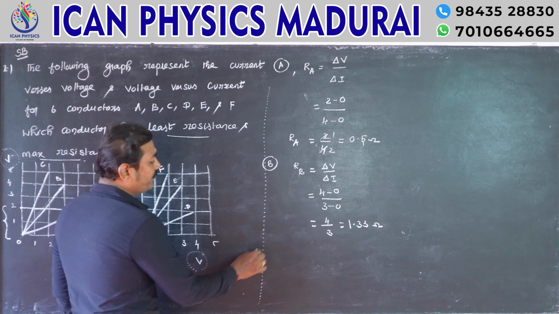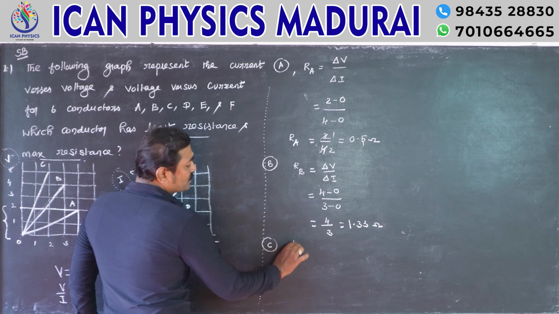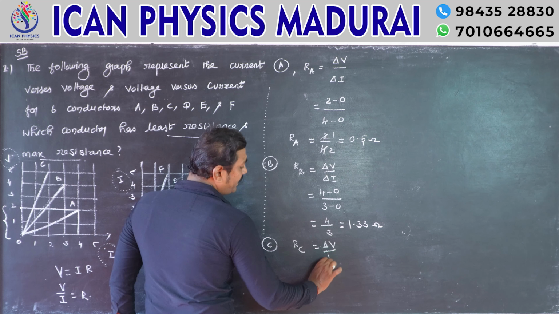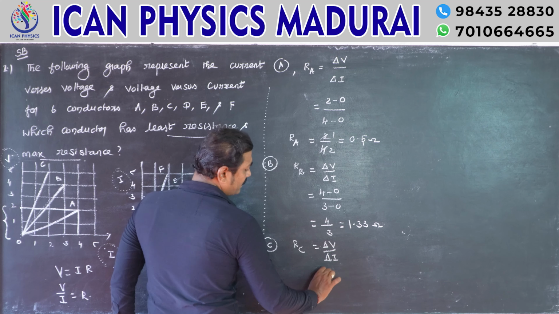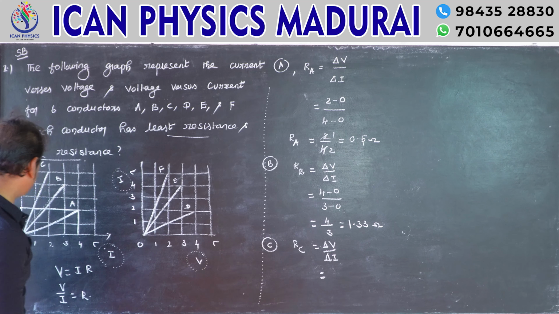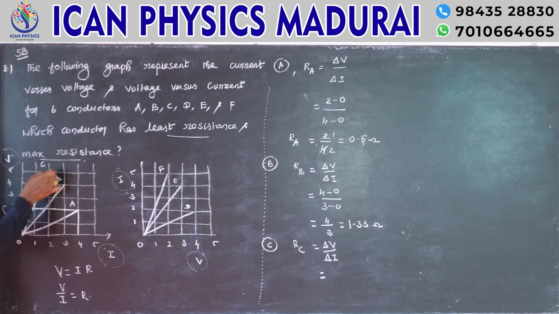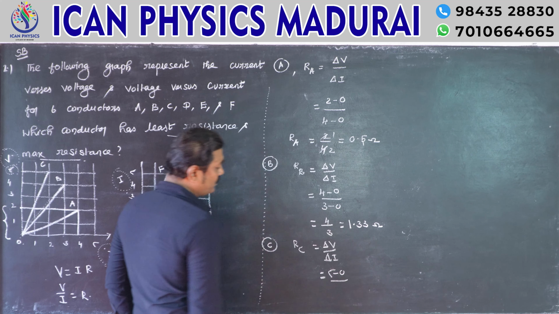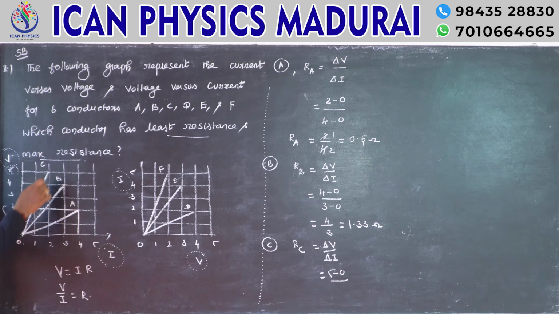No doubt. Okay. Now for C. So RC equal to delta V by delta I. For C, the voltage will be 5, and its initial is 0. So 5 minus 0 divided by the current, which is taken on the x-axis. So the final one is 2.